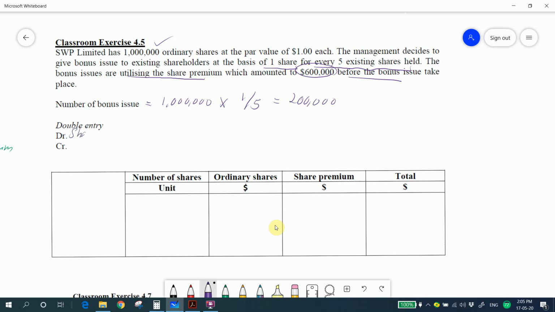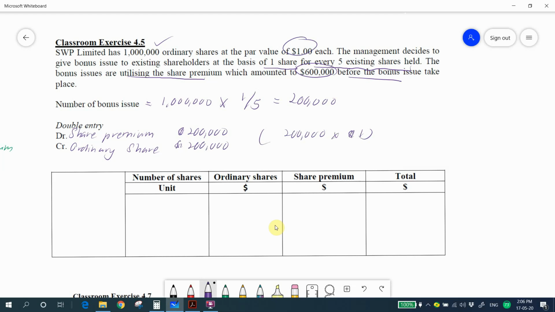We debit the share premium because your share premium will become lesser after the transfer, and we credit to ordinary share capital. So how much? 200,000. Why 200,000? Because we use 200,000 bonus share times 1. This is the par value.